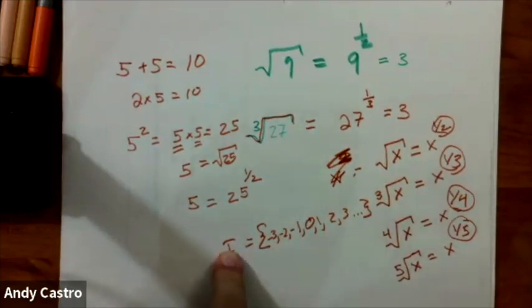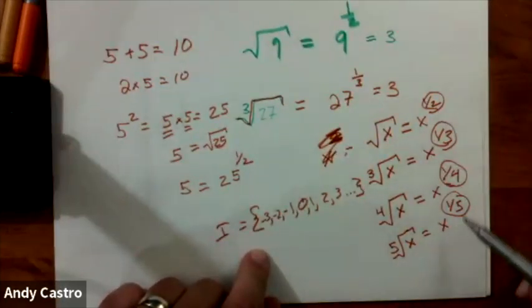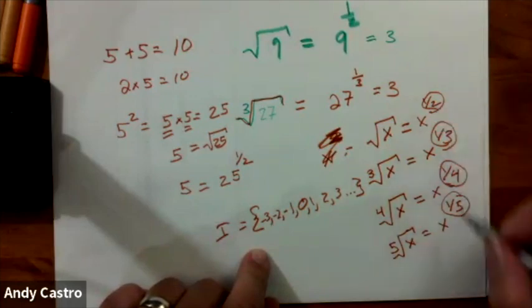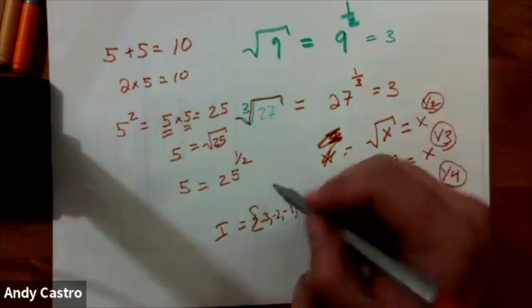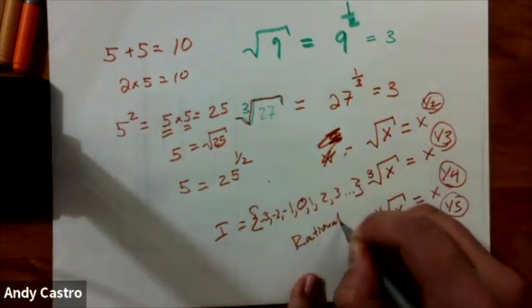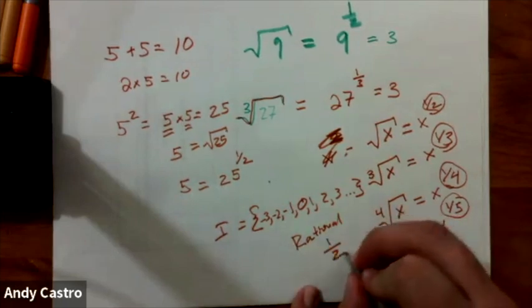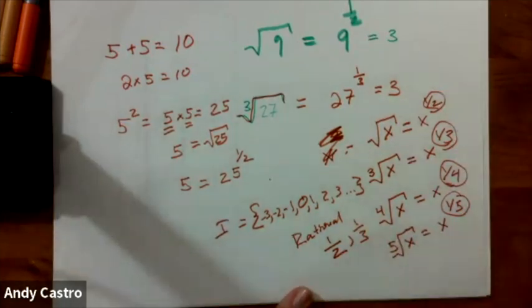Those are integers, if you remember from our first class. And those integers are all that you've seen as exponents. But now we're looking at rational numbers, numbers that can be expressed by the ratio of two integers.